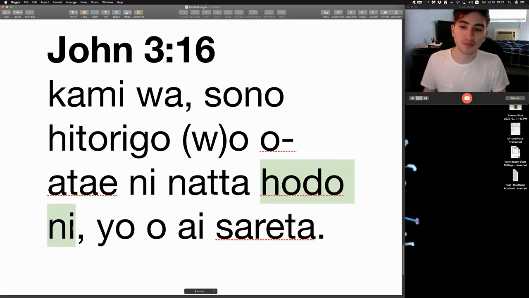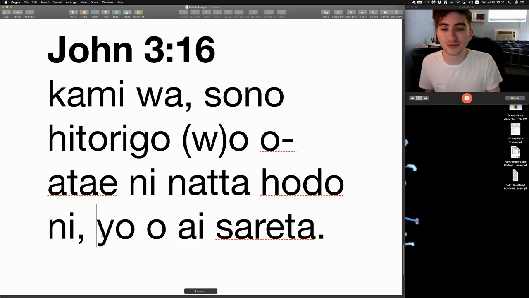Hodo ni means, this is very tricky, actually very difficult to explain. Hodo ni, so much so, I would say in English. And you really don't understand what that means until you read the next part. So let's read the last part of this verse.